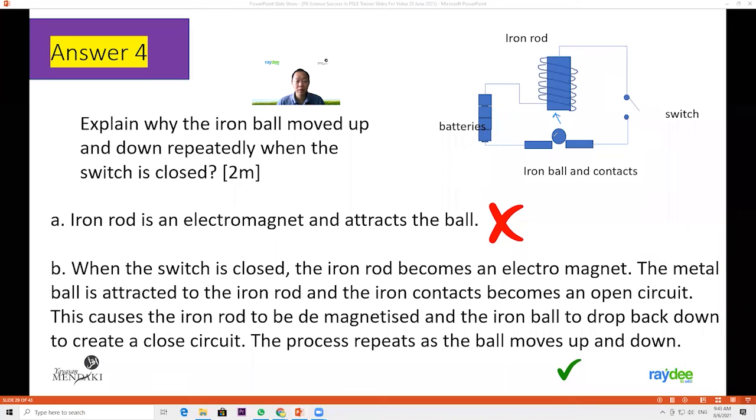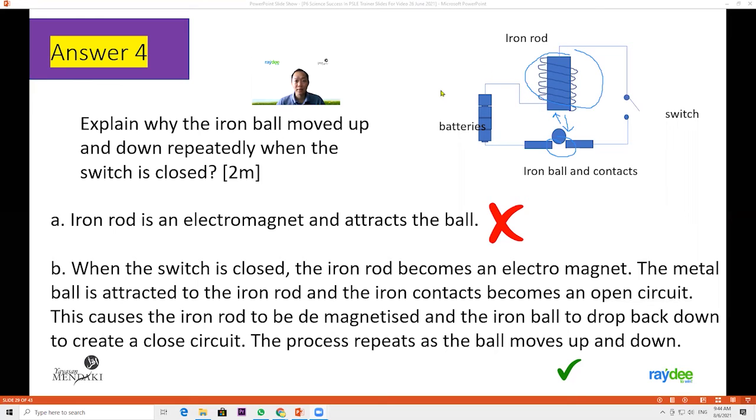So the iron ball goes up, but as it goes up, you realize that here becomes an open circuit. And when it becomes an open circuit, the electromagnet is not magnetized anymore, it's demagnetized, then the iron ball drops. And when the iron ball drops, it causes a closed circuit, and this process repeats. So therefore the ball moves up and down.